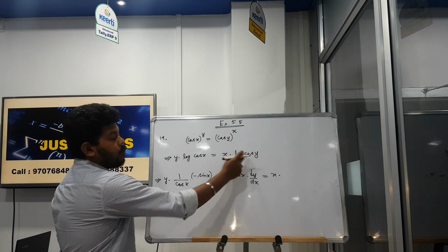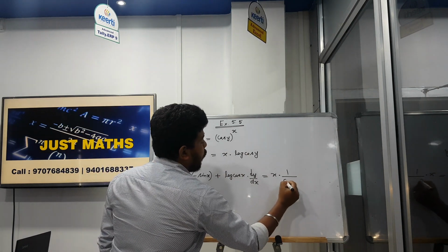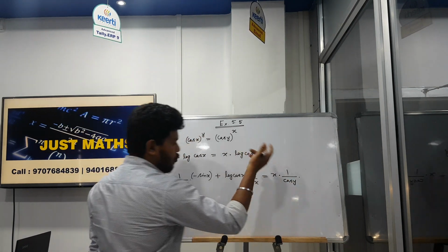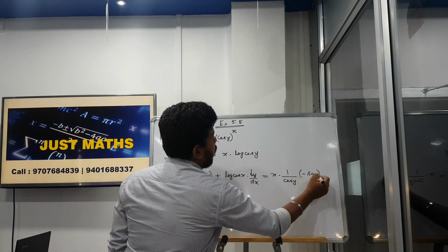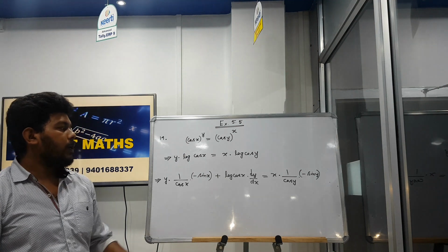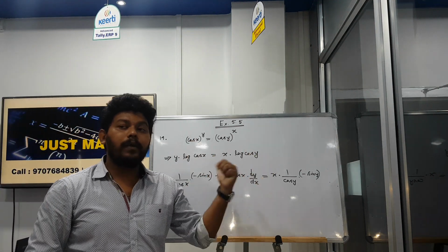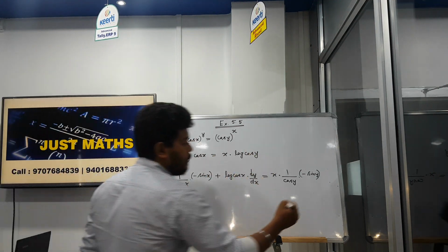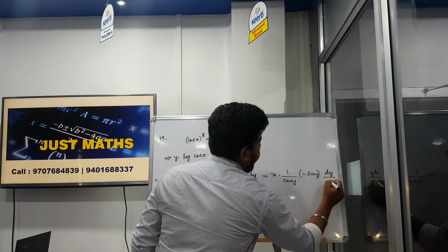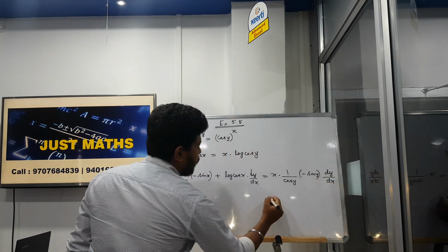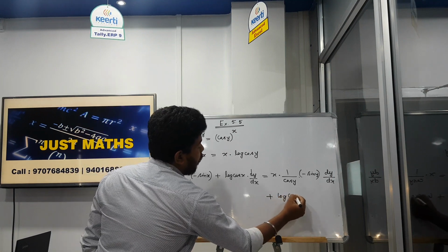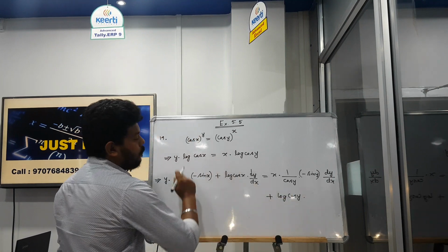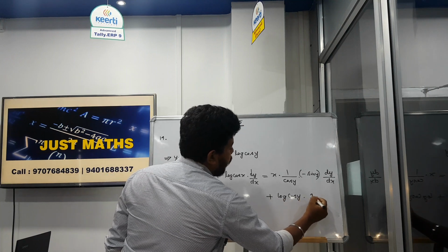If I differentiate log cos y, it is 1 by cos y, and for cos y it is minus sin y. But I have already told you, if I differentiate y with respect to x, we must write dy by dx. It is dy by dx plus log cos y into, for x derivative is 1.